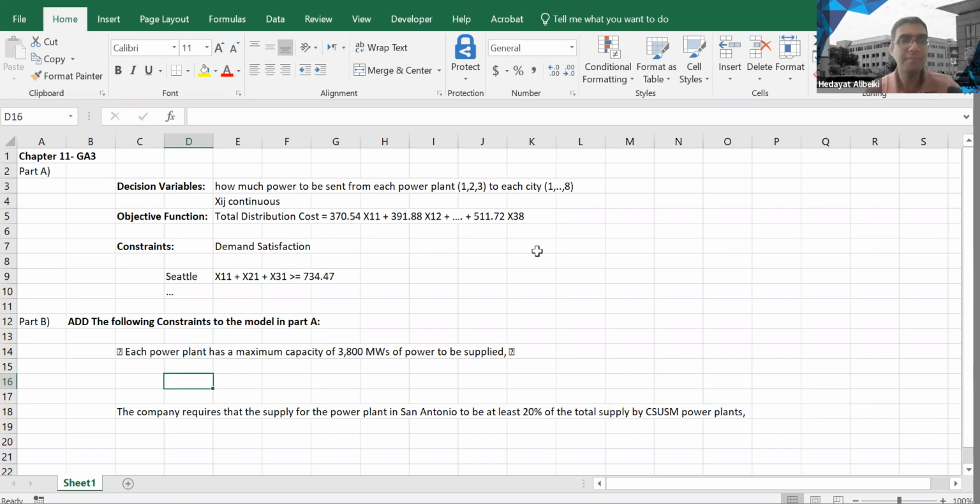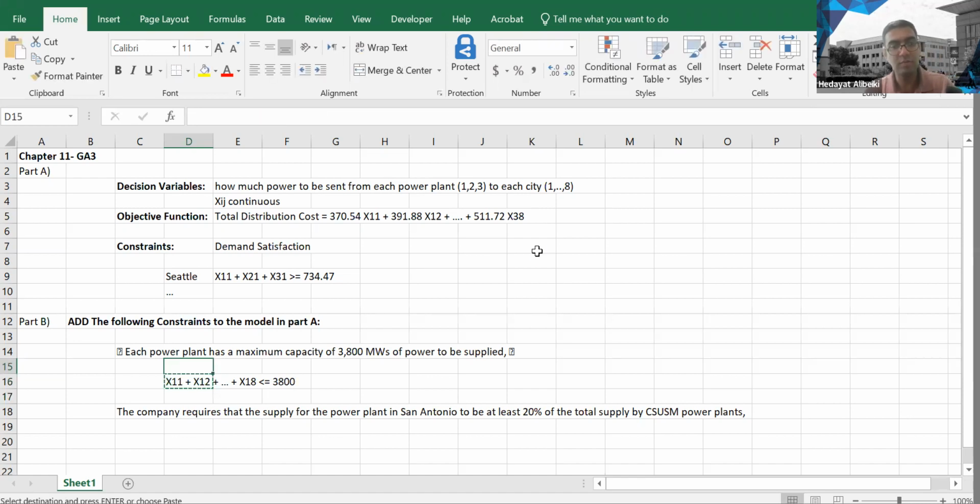So the total that the first supplier sends out will be X11 plus... So all the electricity that is sent by origin number 1 to destinations 1 to 8 would be the total, which refers to the actual realized capacity of power plant 1. And we want this to not exceed 3,800.